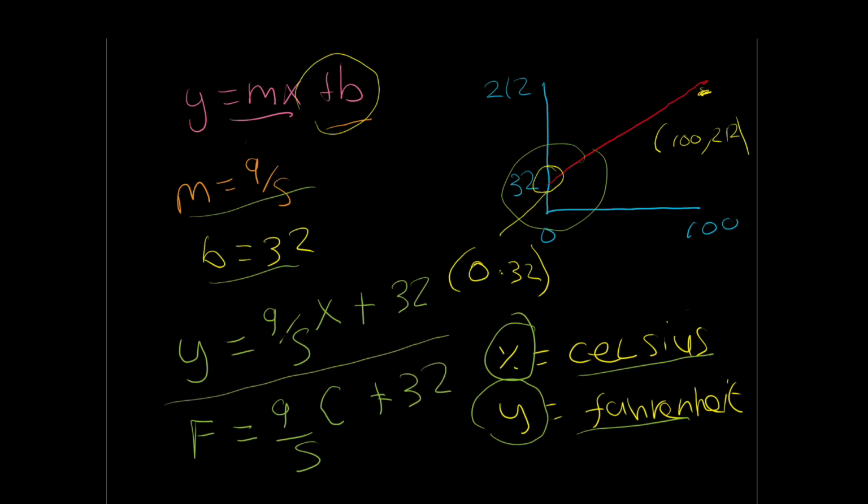So there we have it. That's how to convert Celsius to Fahrenheit. If I'm given 32 degrees Celsius, I just plug it in here, and then I'll get it in Fahrenheit.